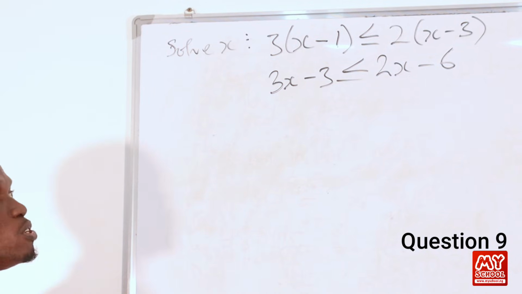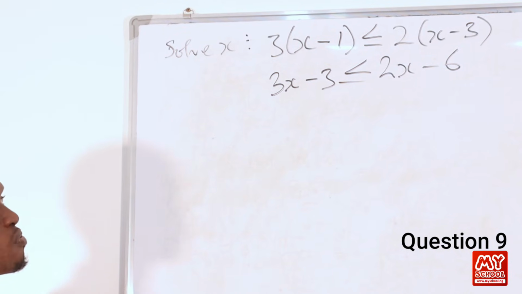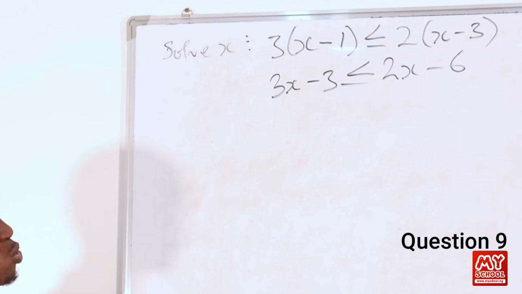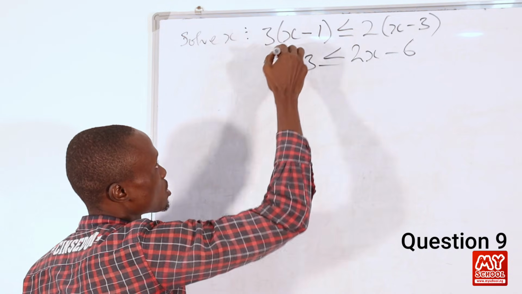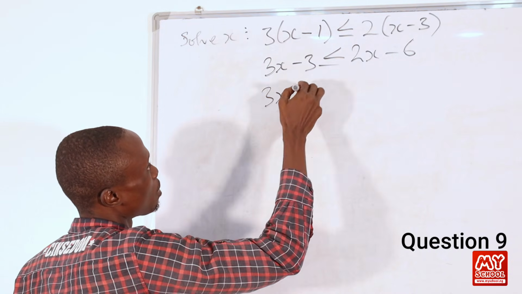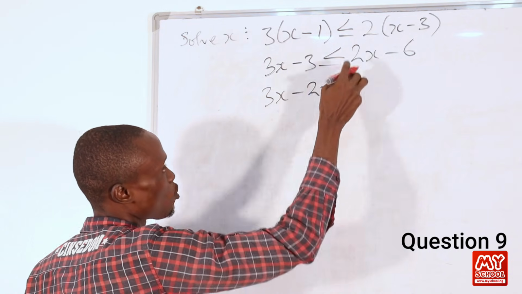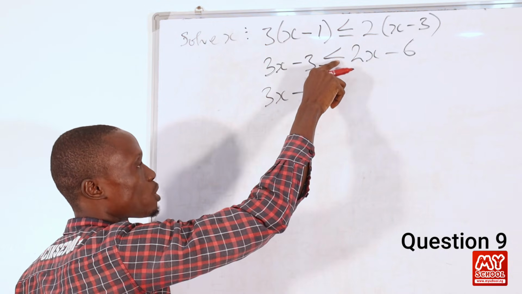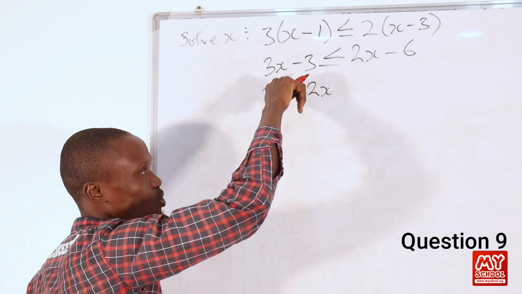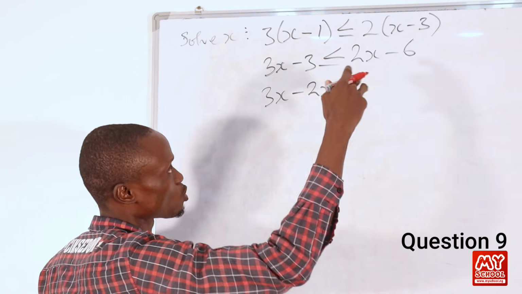Now, next step is to collect like terms because we have 3x and we also have 2x on the other side. So we move this 2x to this side. So this will be 3x minus 2x, of course, because our 2x here is positive. So once it crosses your inequality sign, it's going to change to minus, just like when it crosses the equal to sign.